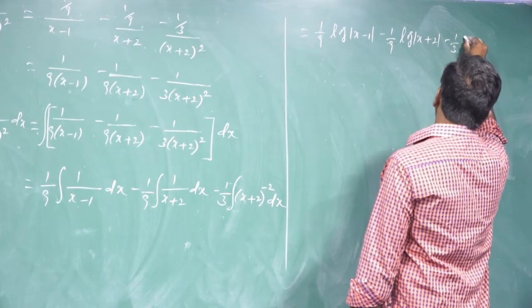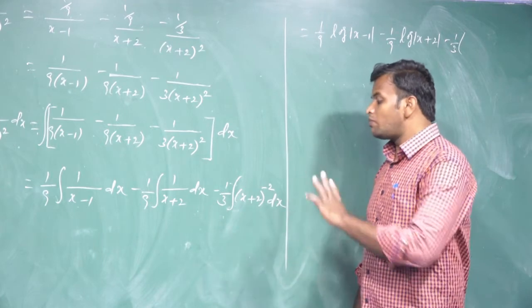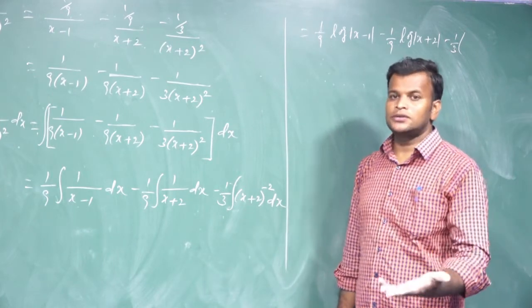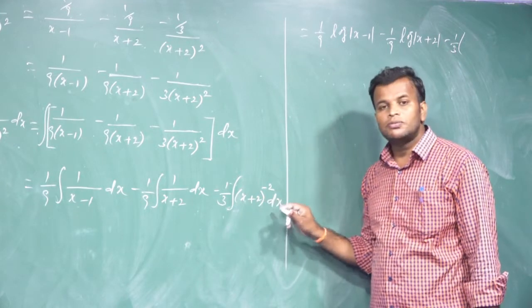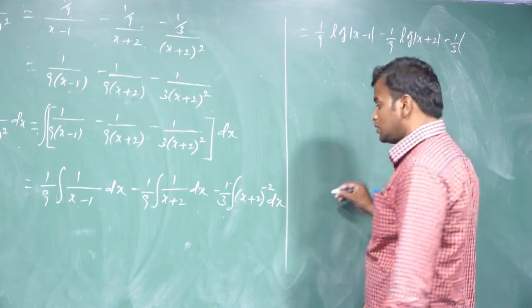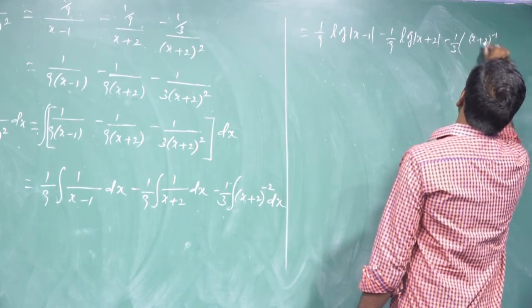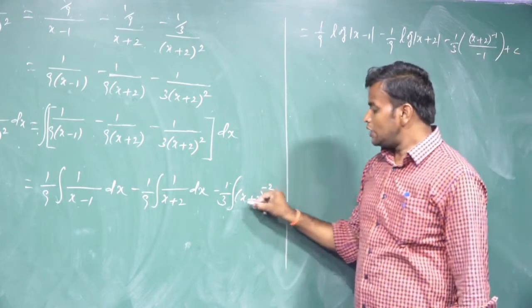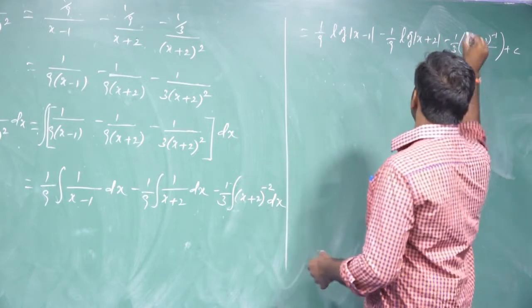Minus 1 by 3 of, what is the final value of x plus 2 whole power minus 2 in integration? Using the same formula of x power n: x plus 2 whole power minus 2 plus 1 divided by minus 2 plus 1. Minus 2 plus 1 is minus 1. x plus 2 the whole inverse divided by minus 1 plus c. The x power n formula is x power n plus 1 divided by n plus 1. Outside, minus 1 by 3 is common.